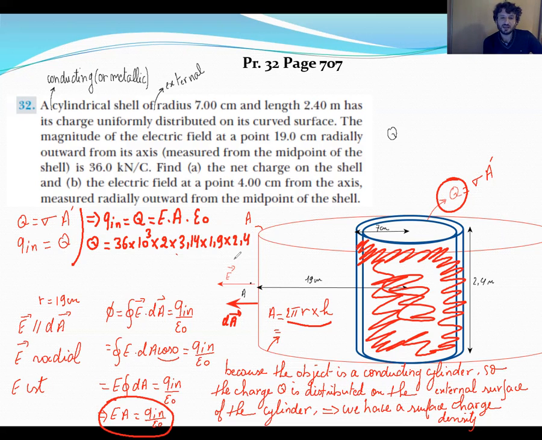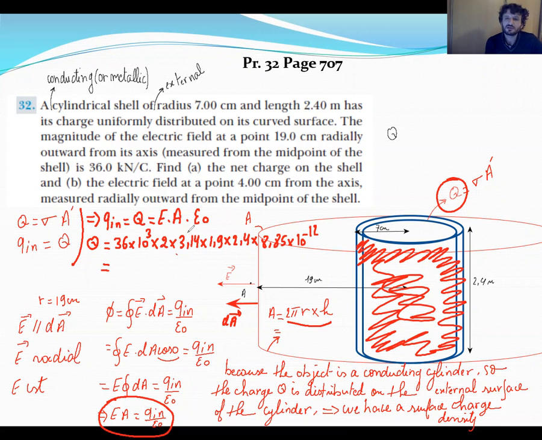This is E times A. Epsilon 0 is a constant; let me give you the value of epsilon. Epsilon equals 8.85 times 10 power minus 12. Okay, this is the value of Q.